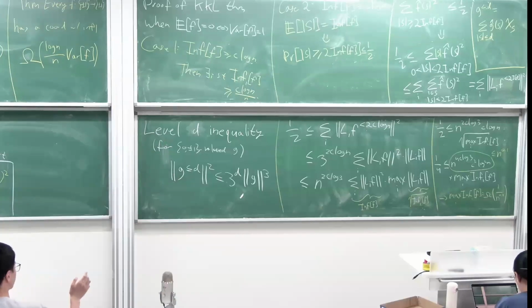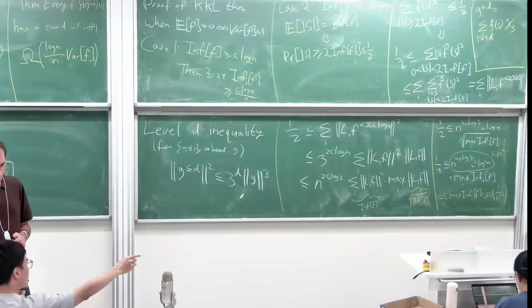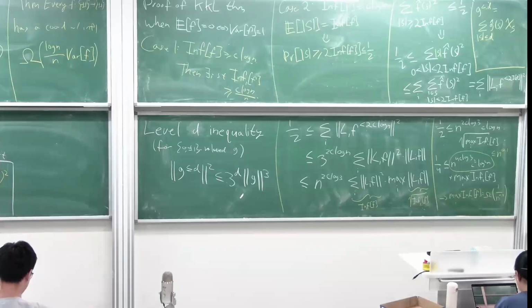Do you mean that the reason why we would get such an extremely better lower bound instead of log n over n is because at the first step we assume that the function f is balanced?